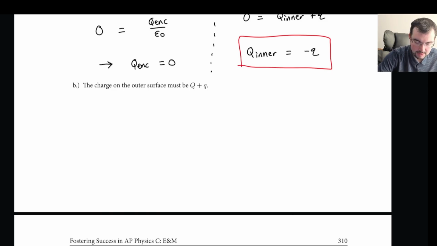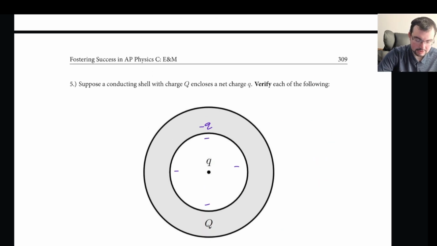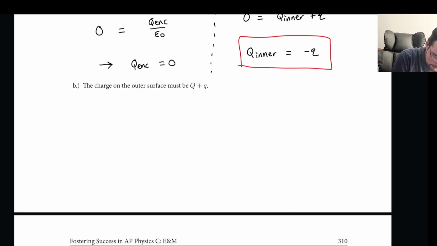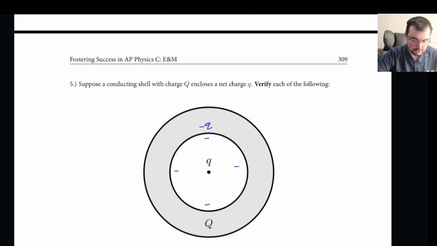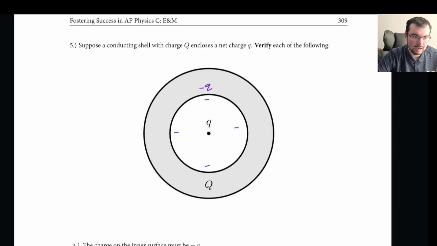Prove that. So we're just going to prove it with charge conservation. It was defined to us in this problem that the shell has a total charge Q that can be distributed in some way. So we know that if we add up all the places where the charge is on the shell, it must work out to Q. So this just means that Q on the inner surface plus Q on the outer surface must be Q. Because again, there are two places for charges to live on a conductor like this.